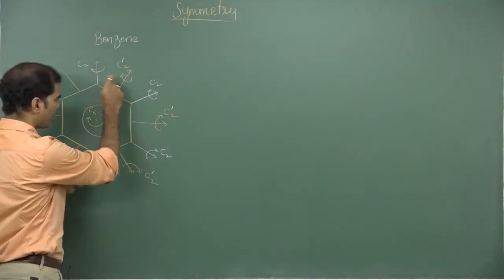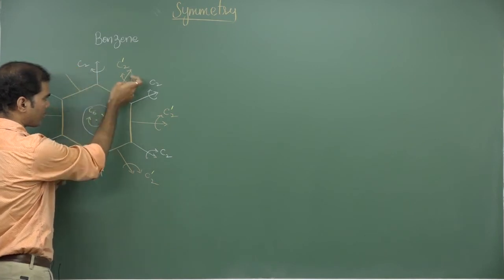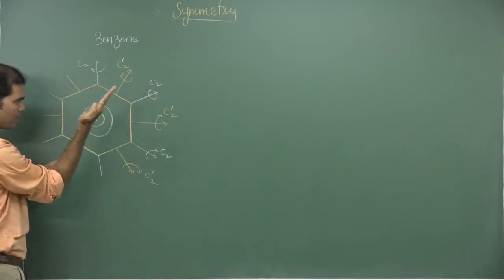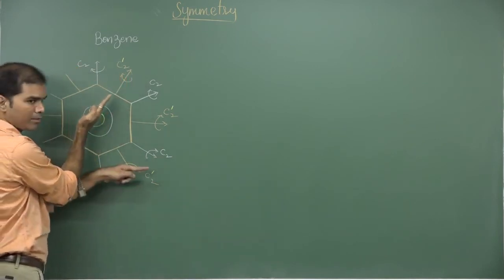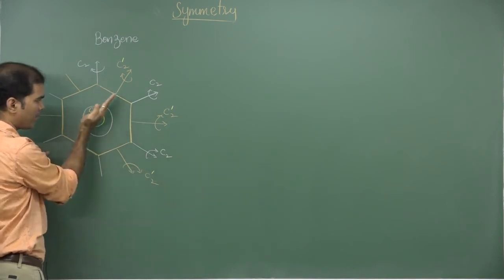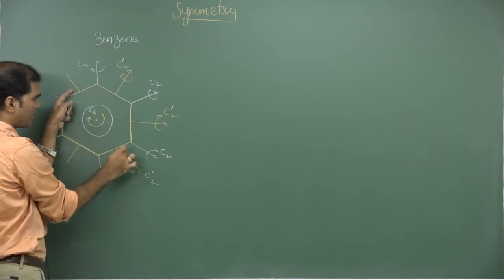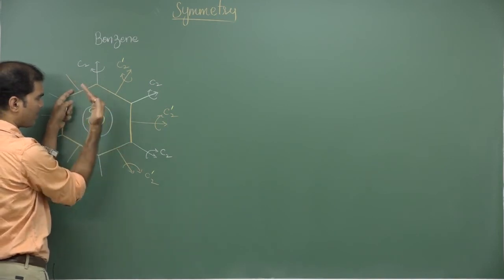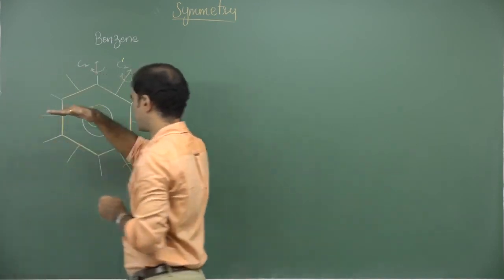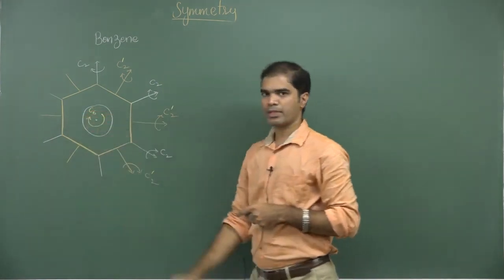Also come to the pairs of edges. From this pair of edges, if I pass a plane, one half is a reflection of the other half, and even this plane is parallel to the principal axis. Come to the second set of edges, this plane is also parallel. Come to the third set of edges, this plane is also parallel.